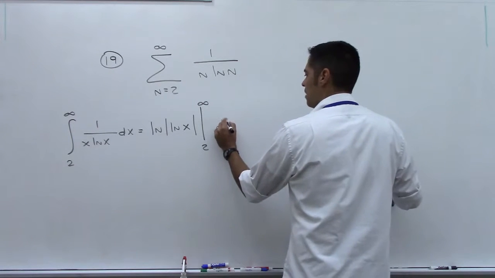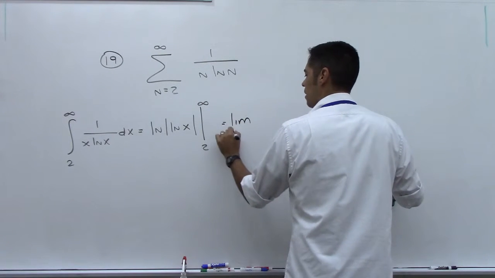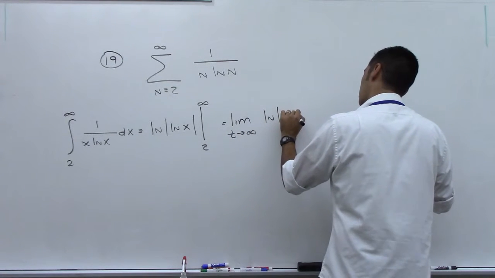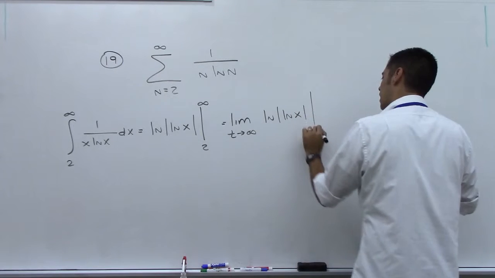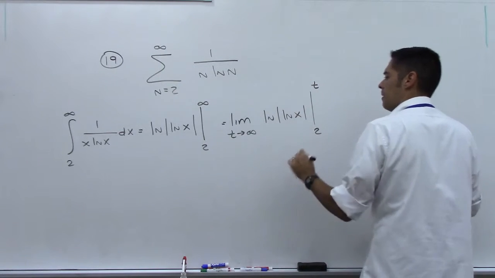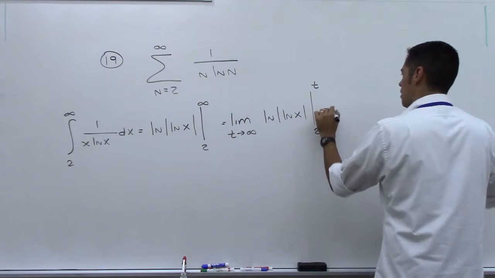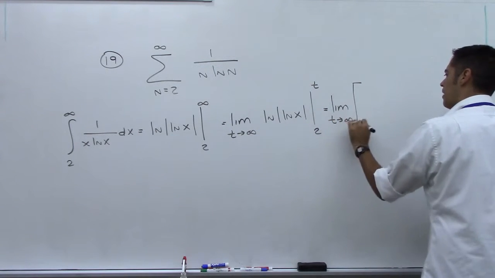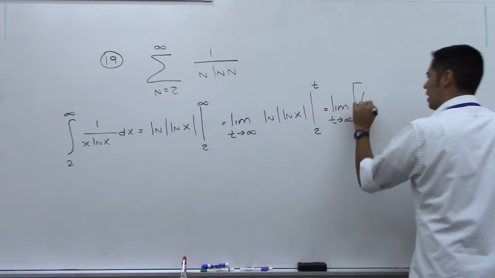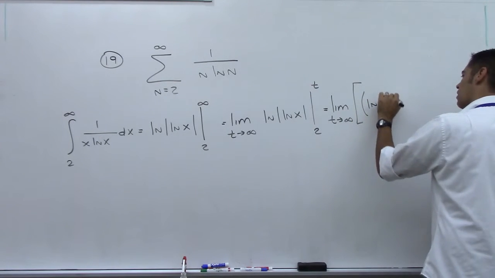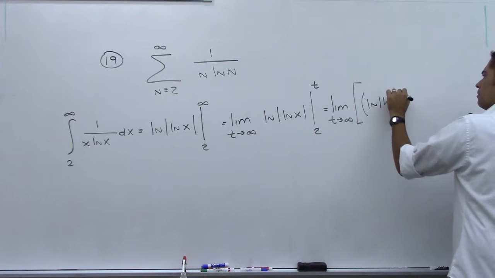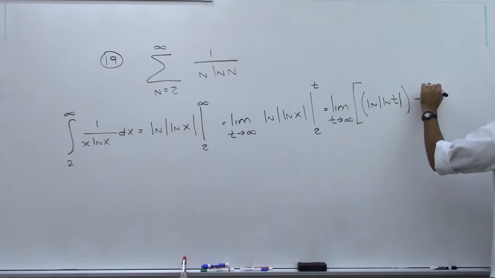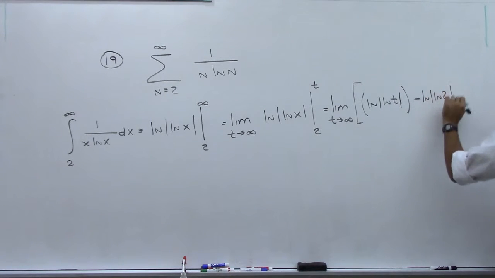So I have that this equals the limit as t goes to infinity of natural log of natural log of x evaluated from 2 to t. And then when I plug in t, I get natural log of natural log of t, minus, when I plug in 2, I get natural log of natural log of 2.